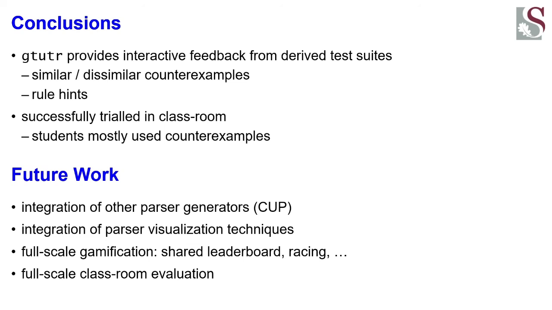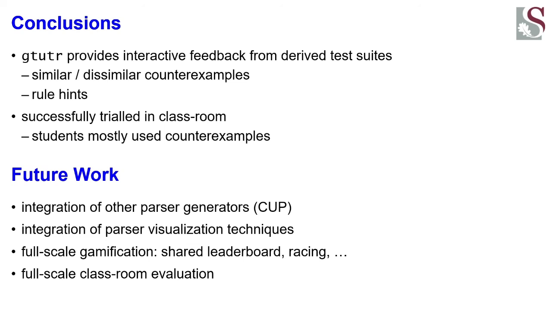It also provides more direct hints about possible buggy rules, using a spectrum-based fault localization approach. We have successfully trialed GTutor in a small SLE module. Students submitted on average about 6 grammar versions for feedback. They mostly used the counterexamples, even though rule hints were not penalized.